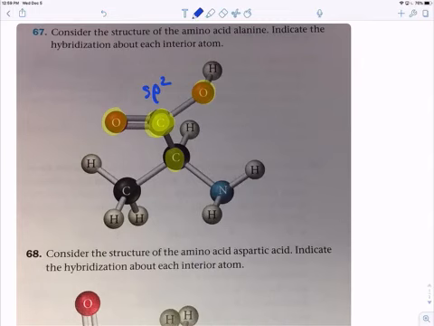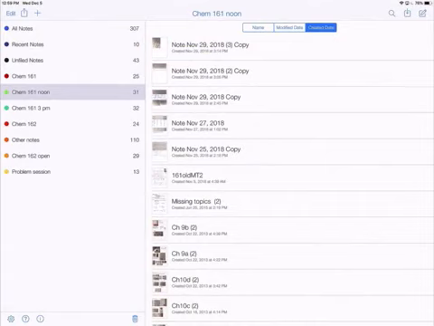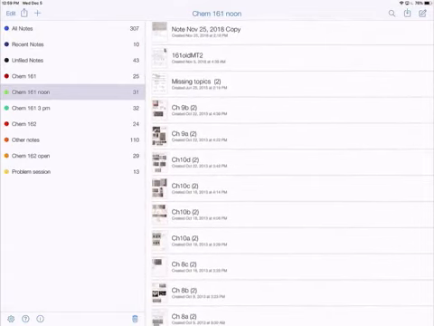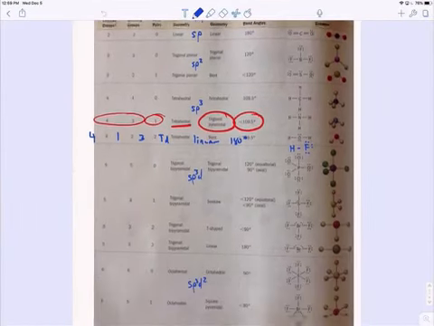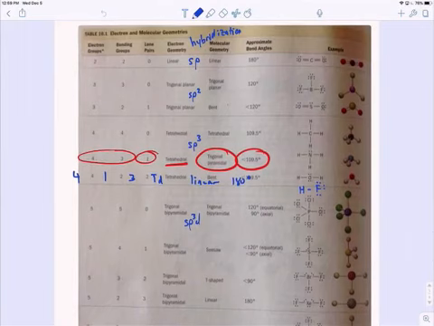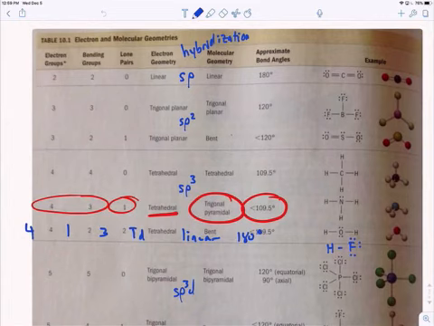And you will be given, which chart? 10A. You will be given this chart and also the hybridization chart. So you will know that 3 things, all bonding is planar electronic geometry.